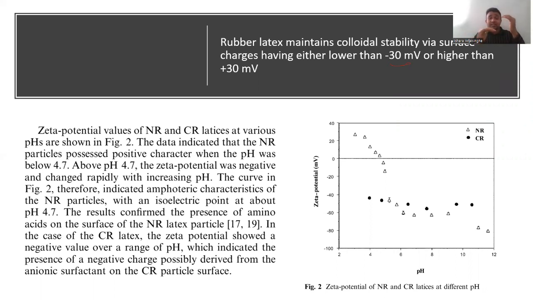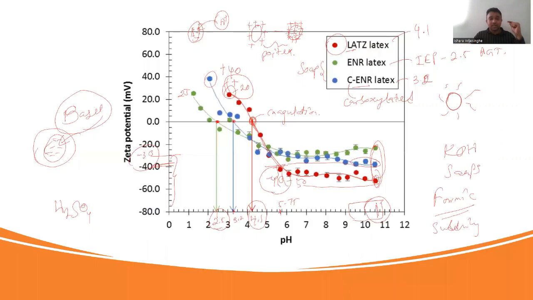So for the rubber latex to be stable, its zeta potential should be below minus 30 or above plus 30. If it is above plus 30, that is a good positive. Here you can remember I marked plus 20, and minus 30 here.